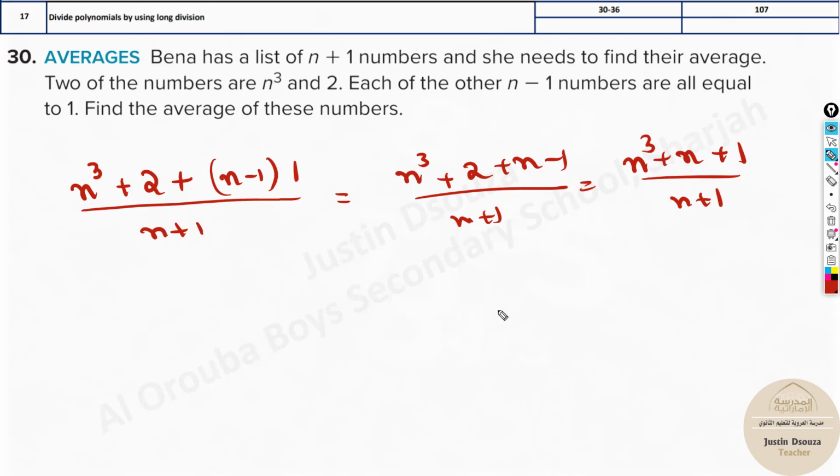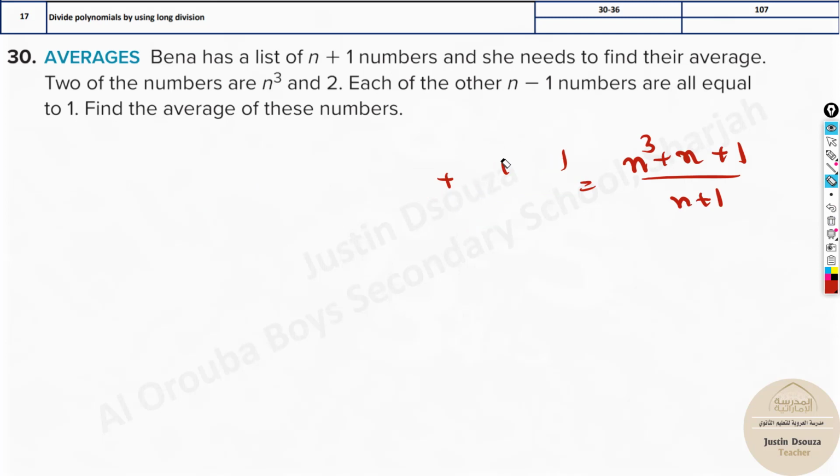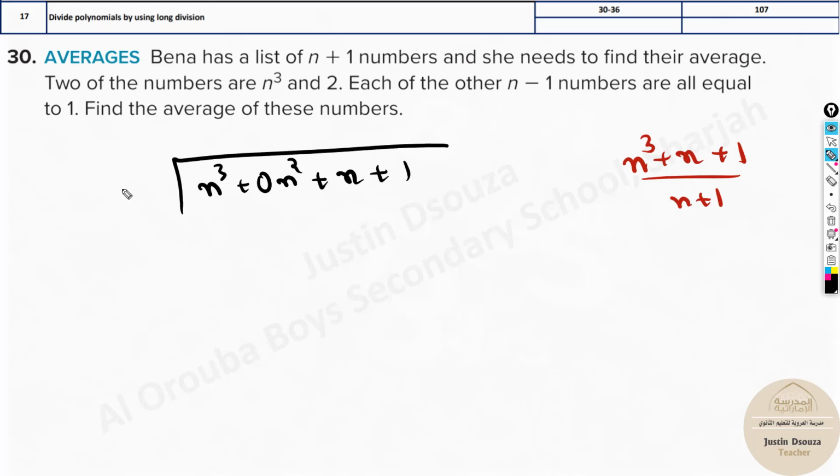So what we do is, this dividend, we write it inside. I will just erase the left side. I hope this is clear. So now I'll erase all this over here, and you're remaining with the dividend n cube plus, there is no n squared, so it is 0 n square plus n plus 1, divided by, what is this?